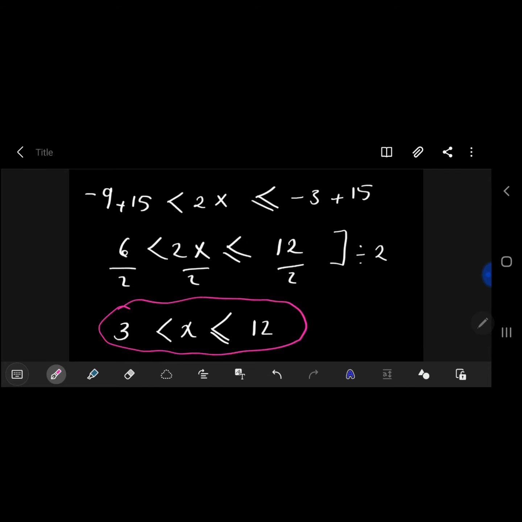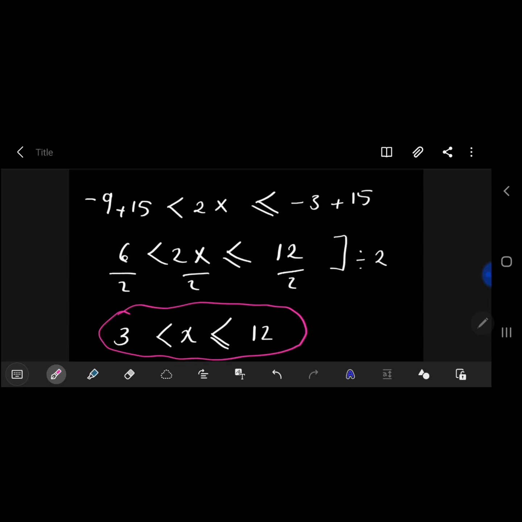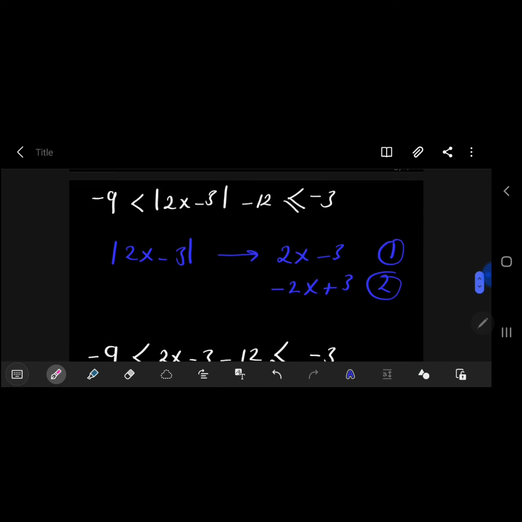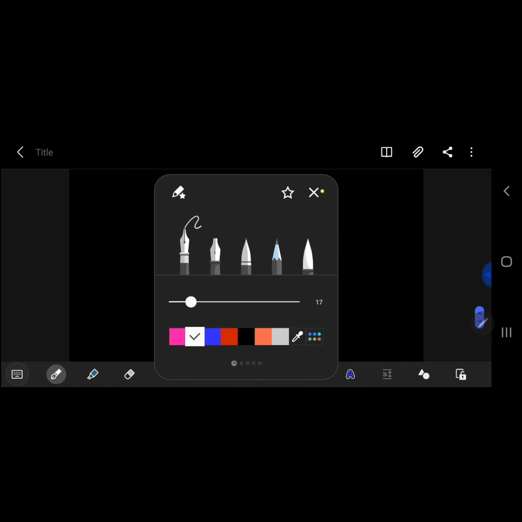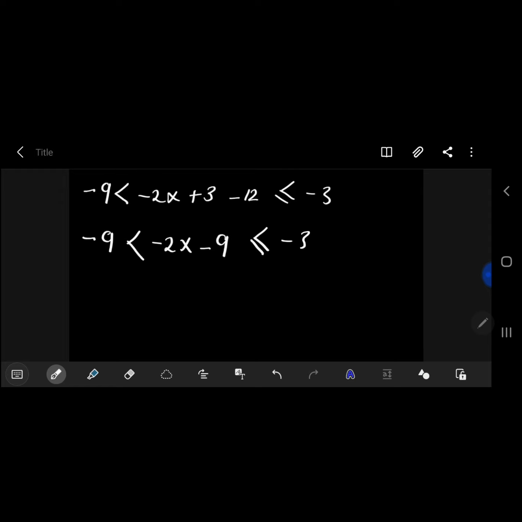The second value I will find from the negative formula. The negative formula says minus 2x plus 3. So here I will write it down. This is the negative formula. Minus 9 smaller than minus 2x plus 3 minus 12, smaller than or equal to minus 3.